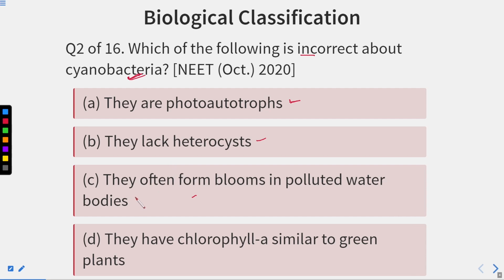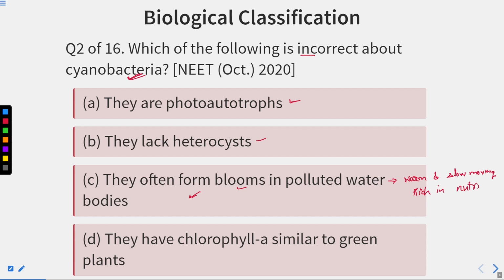Now let's move on to the next option. They often form blooms in polluted bodies. This is also a correct statement. Cyanobacteria form blooms, meaning they grow rapidly in warm and slow moving water which is rich in nutrients.